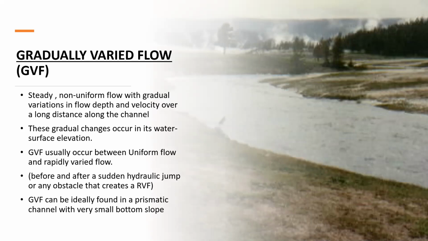The most common places where we can easily identify a gradually varied flow are before and after a place where rapidly varied flow can be noticed, most commonly near hydraulic jumps or obstacles along the direction of flow. In this case, gradually varied flow is specifically seen between a uniform flow and rapidly varied flow.